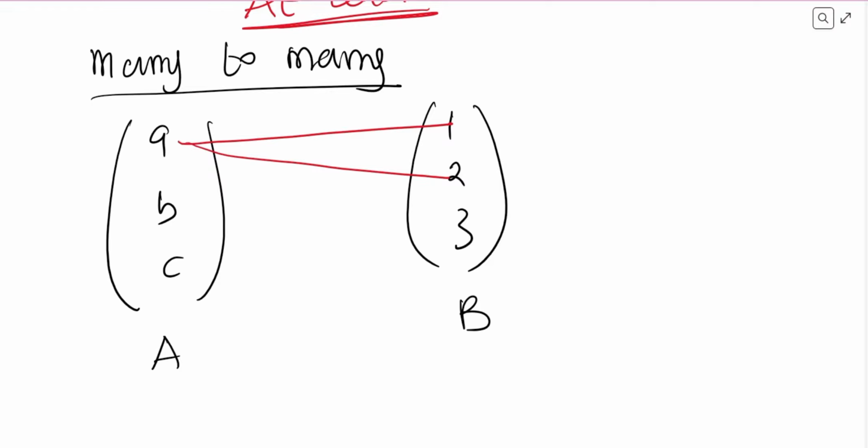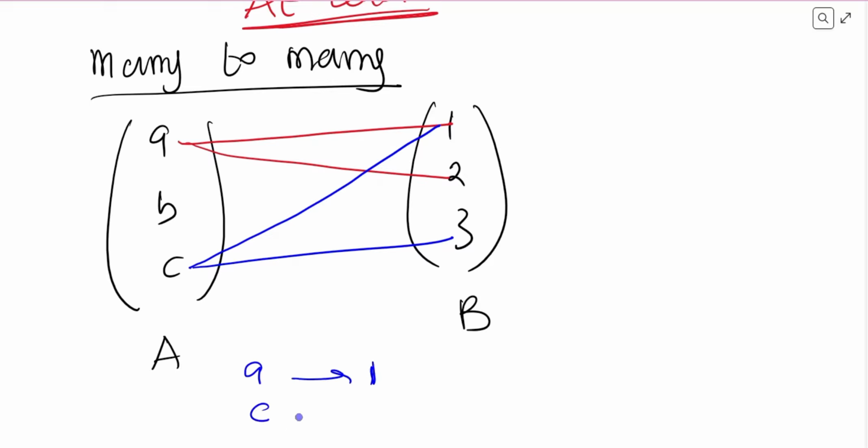So on the other hand, we also do this and another one. So you could see that A maps to 1 and C also maps to 1.